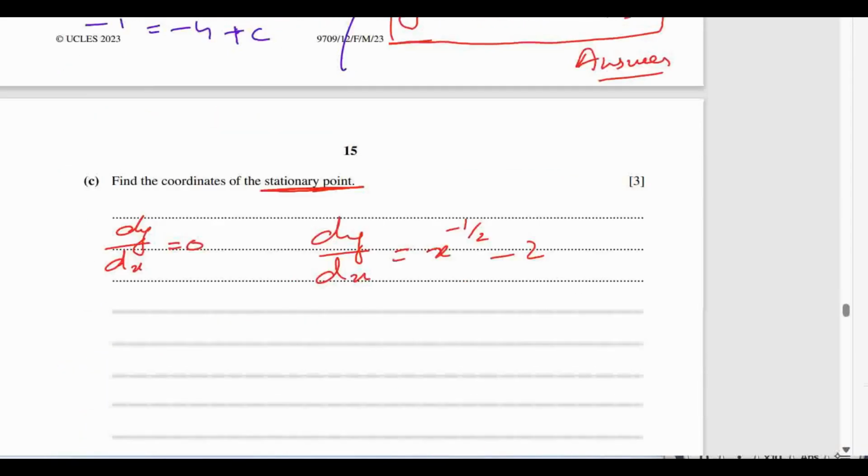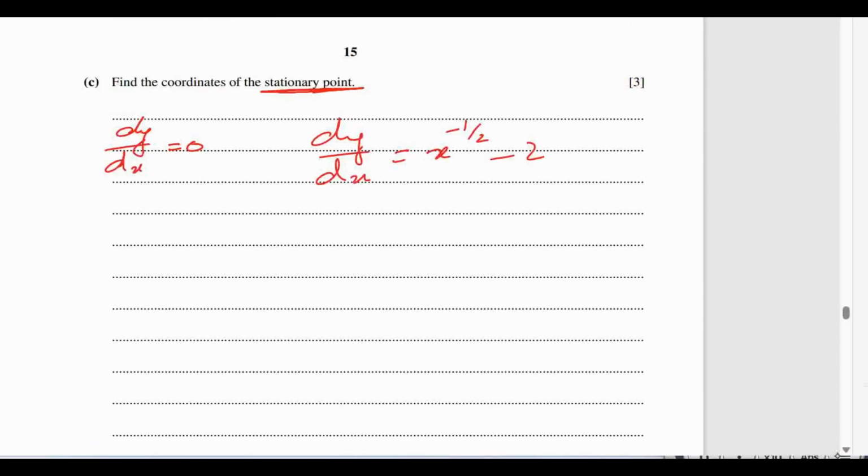So that is why we can write it as 0 is equal to x power minus 1 by 2 minus 2, because at stationary point dy by dx will be equal to 0.